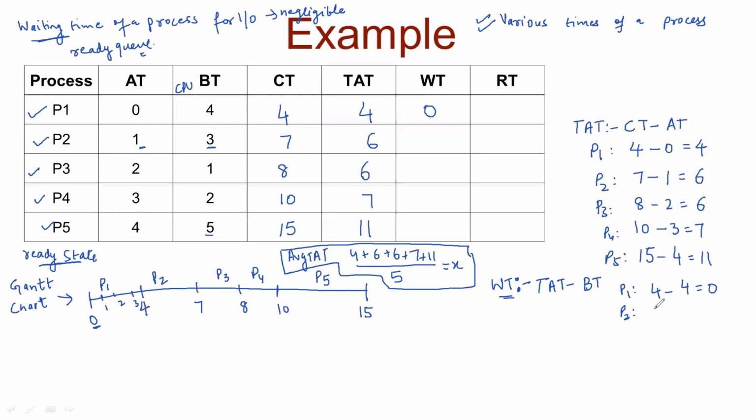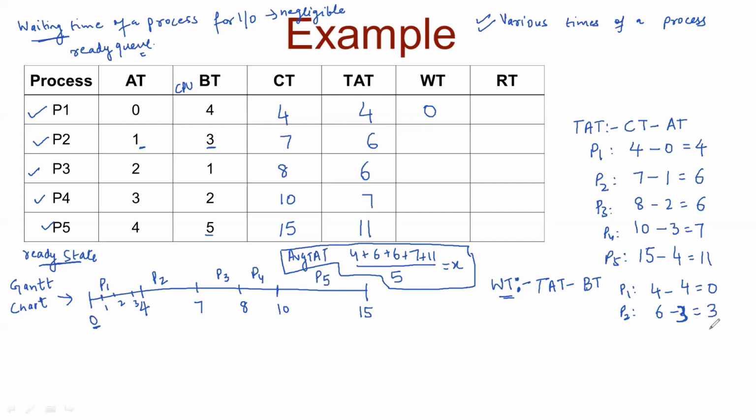For P2, the turnaround time is 6. However, the process arrived at 1. So it waited for CPU for, sorry, I have to subtract its burst time. Again, I'm repeating, the turnaround time of process P2 is 6 and the total time it spent with CPU is 3. So subtracting it, I'll get 3 units.